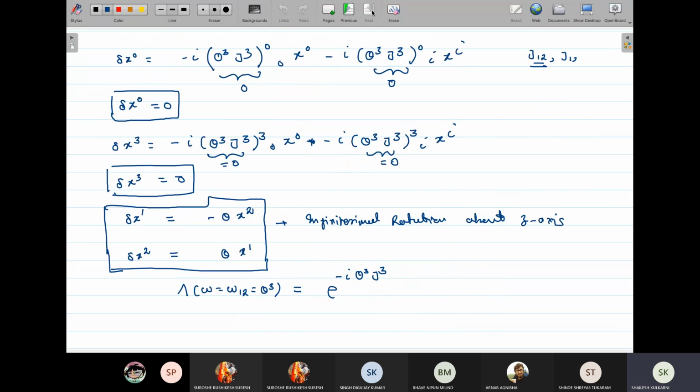So what we have is the Lorentz transformation, which is written in the exponential form.